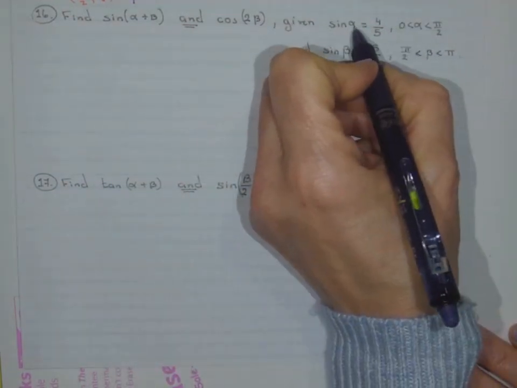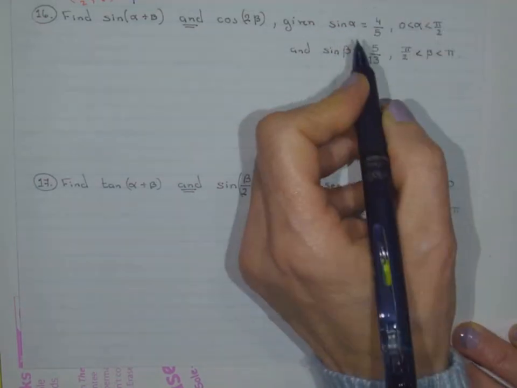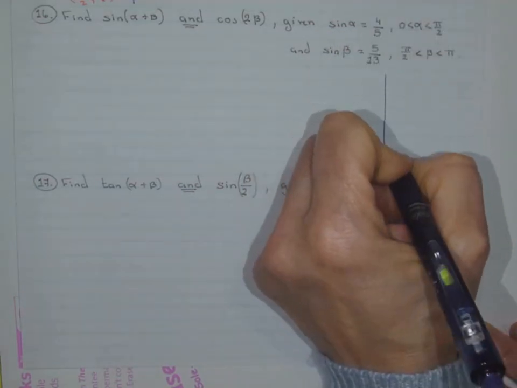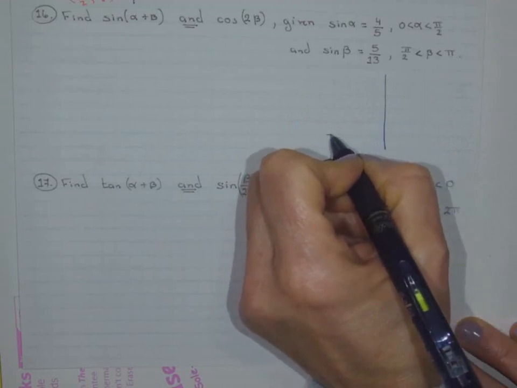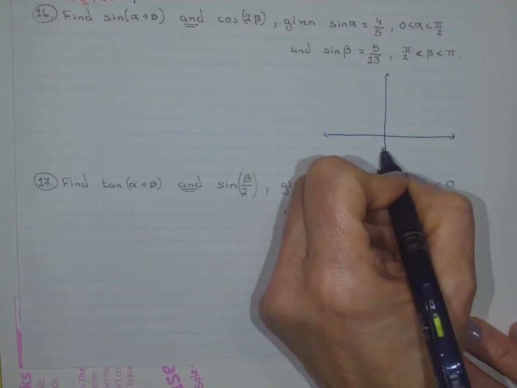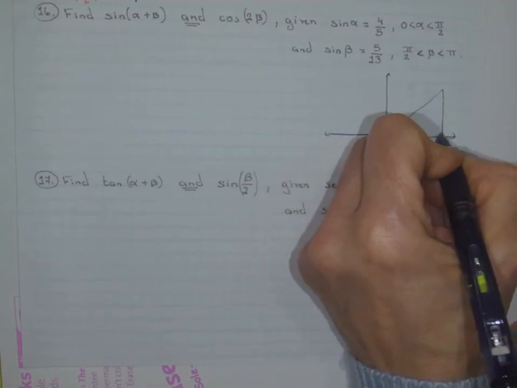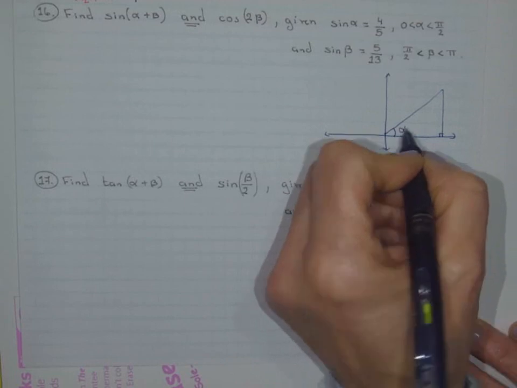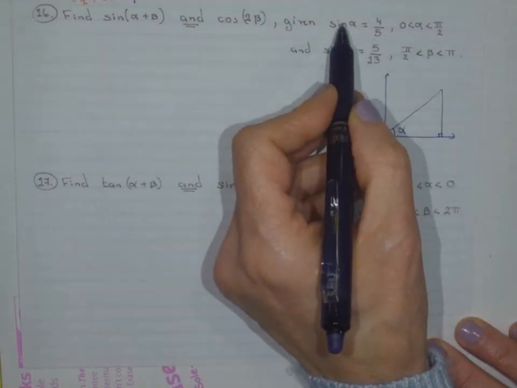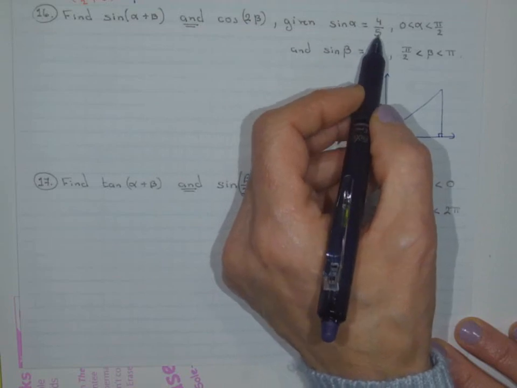So we have angle alpha that's between 0 and pi over 2. So we know that this angle alpha is going to be in quadrant 1. So here is going to be a triangle for alpha. There is my alpha. And then I know that the sine is 4 over 5, opposite over hypotenuse.